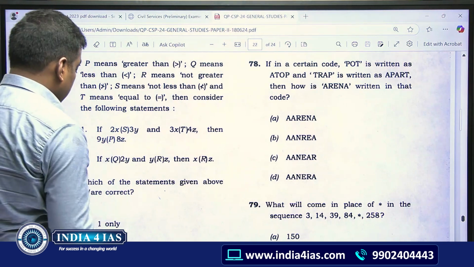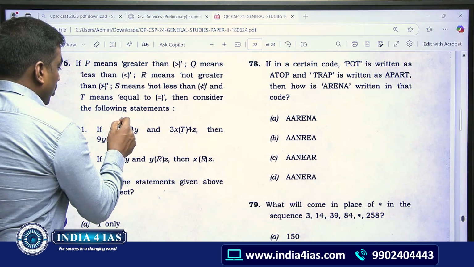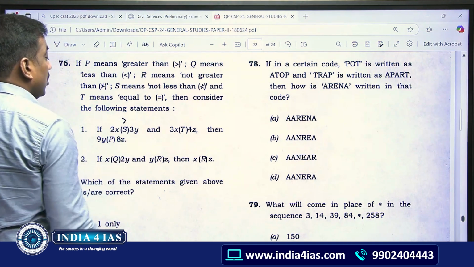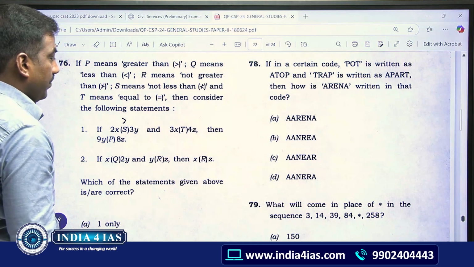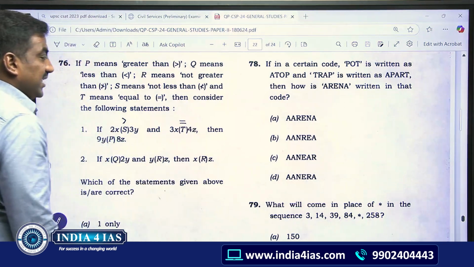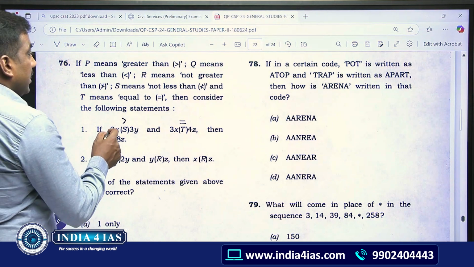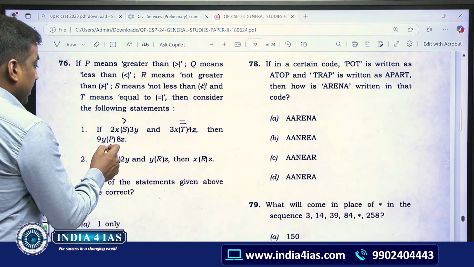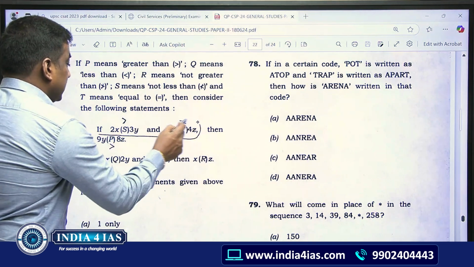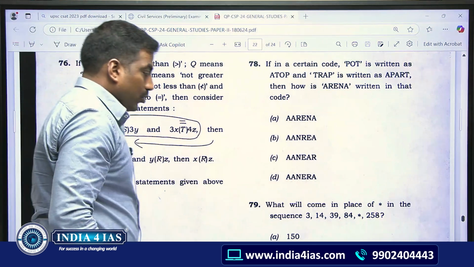Which of them are correct? 2x is more than 3y. 3x is equal to 4z. Then 9y is greater than. So if they are asking if this, then this, we have to prove that.